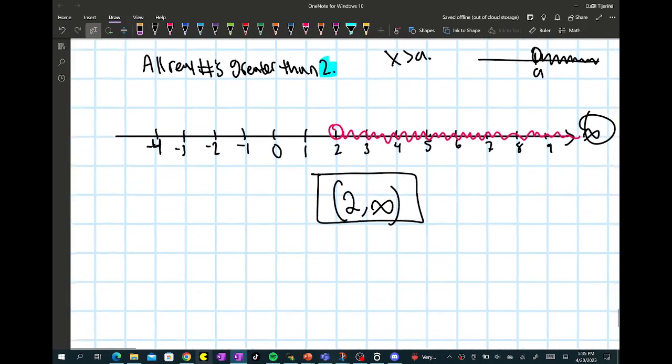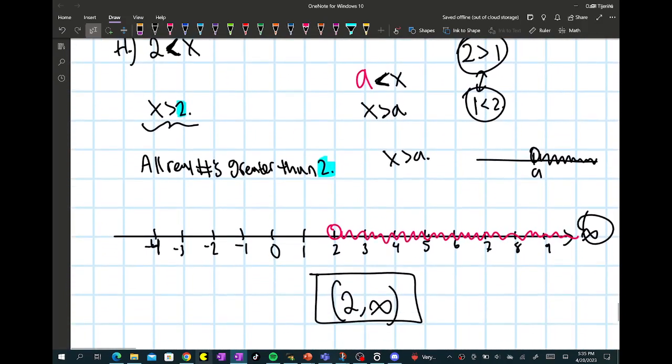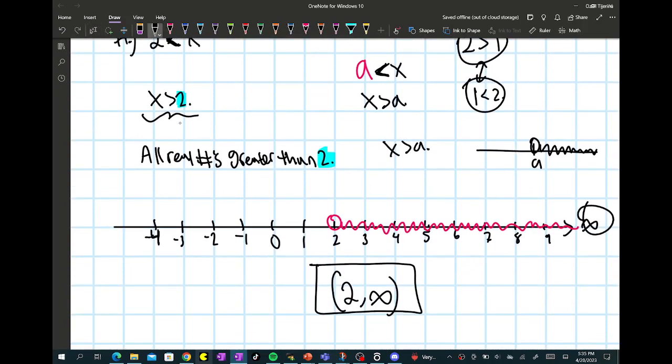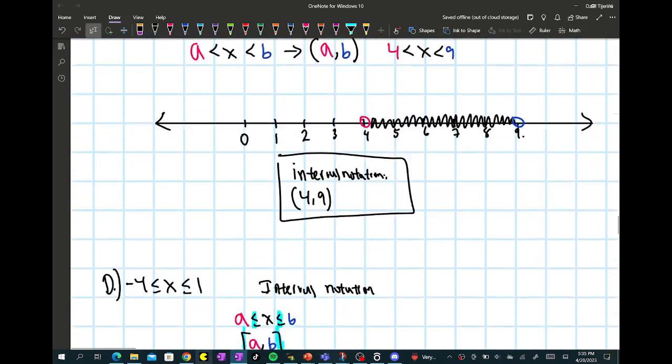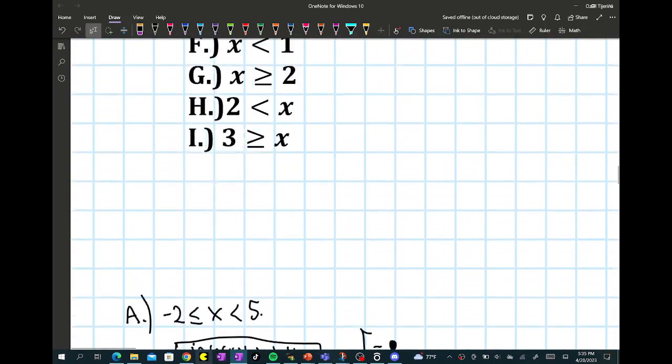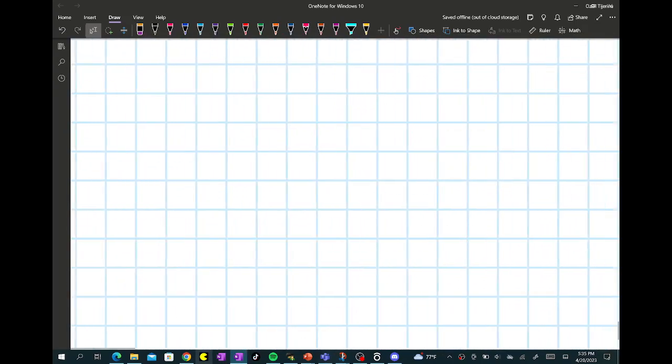This means it goes from 2 to infinity because it's all the real numbers greater than 2. Okay, and I think there was one more, so part I. This is the last part.